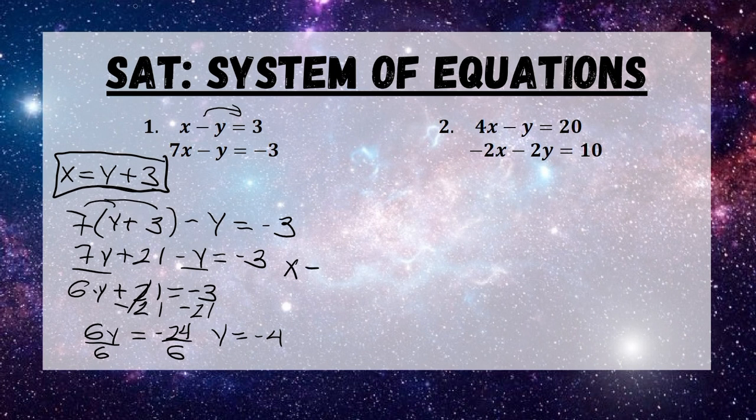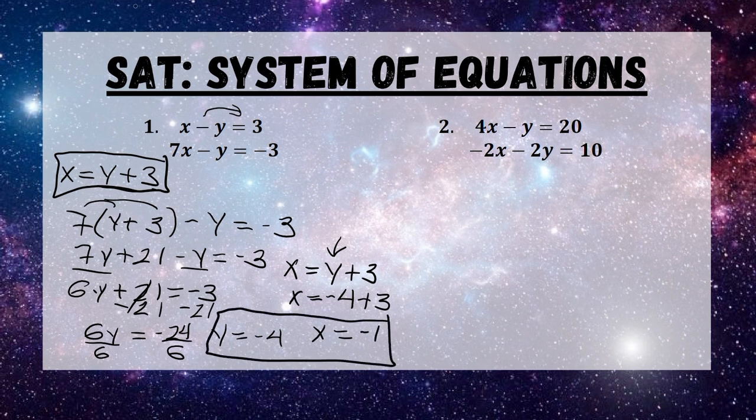So we know that x equals y plus 3, and we know that y is negative 4. So we'll plug in negative 4 for y, and we'll get x equals negative 4 plus 3, which gives us that x equals negative 1. So we have the answer that x equals negative 1 and y equals negative 4.